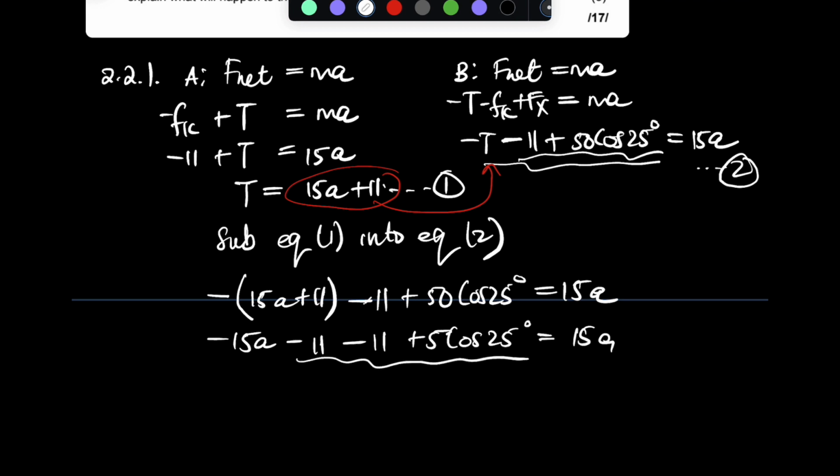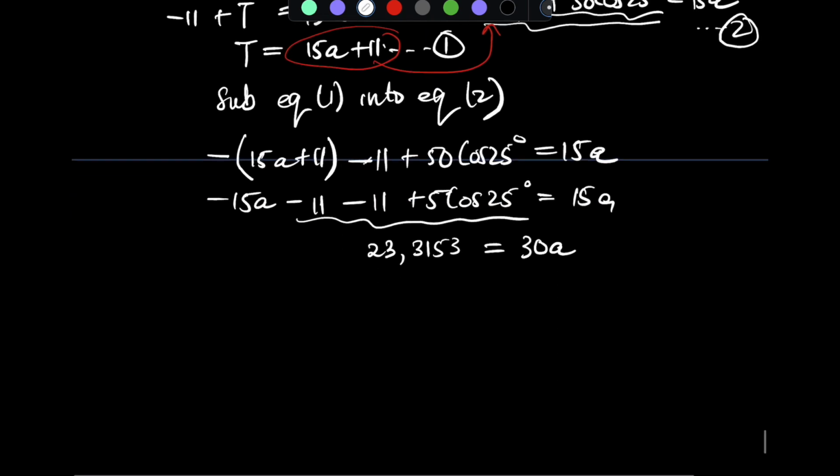The answer for this is 11 minus 11, which is negative 22. So the answer for that is positive 23.3153 equal to 30a, right?